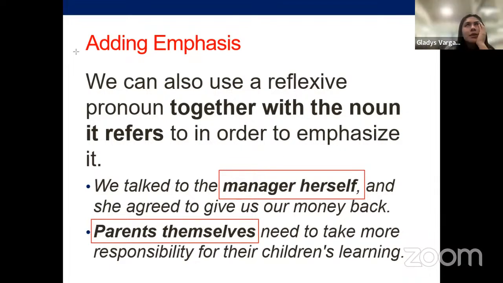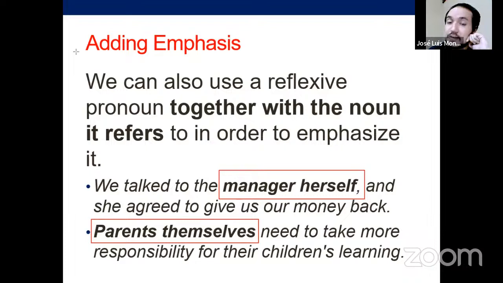The kids themselves need to be responsible. Okay. All right, the kids themselves, right? The kids or the children themselves need to be, right? Because I think you're saying that in plural, right? The kids or the kid. Is it singular or plural, Gladys? Plural. Plural, right? Okay, so the kids themselves need to be responsible.